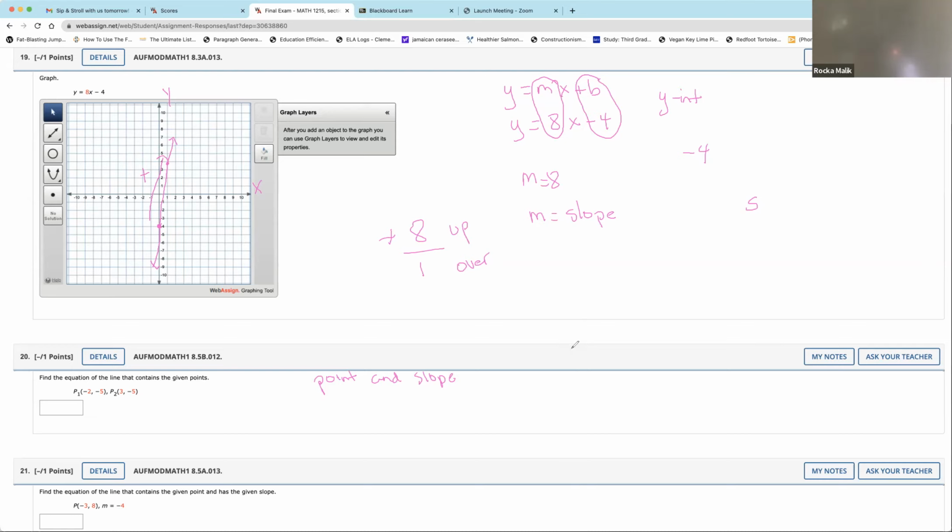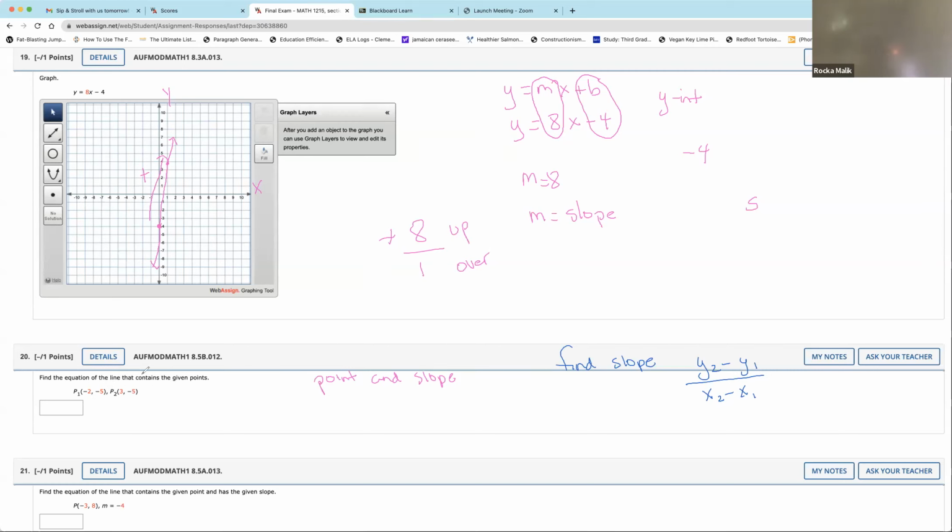So I need to find the slope. The slope is y2, my second y, minus my first y, over my second x minus the first x. It doesn't matter which one is first. If you want to be weird and have the second one as the first one, your business, you're going to get the same answer.